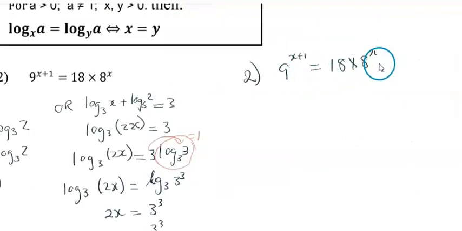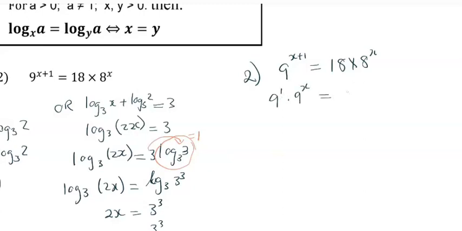A new example, number 2. There we have 9 to the x plus 1 equal to 18 times 8 to the x. Let us first simplify the left and the right hand side. I can write the left hand side as 9 to the 1 times 9 to the x.